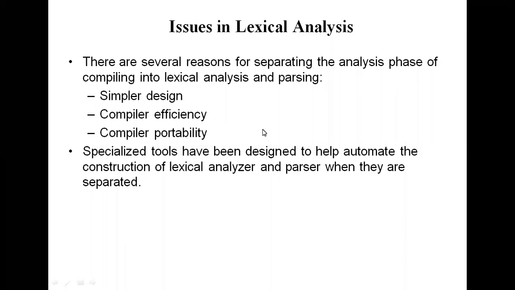The third reason is compiler portability. And here we have building tools. We have two building tools: one is the Lex tool and the other is the YACC tool. If you recall the basics of compilers, I explained there that we have various building tools, but here we use the two most important ones, Lex and YACC.